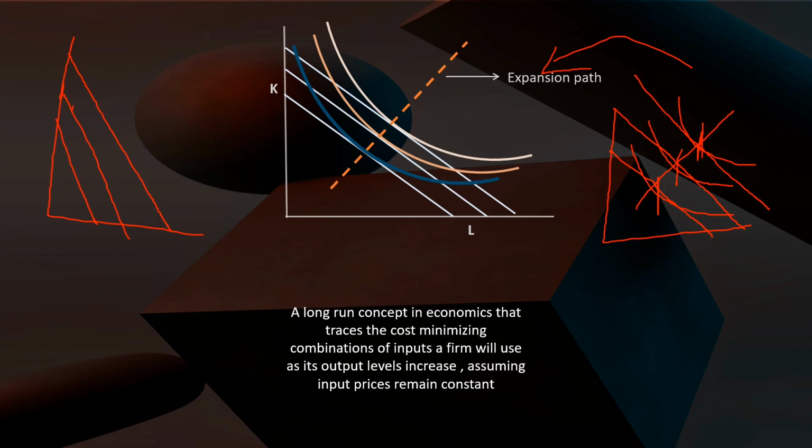For each of its cost lines, there must be an ideal level of production, and so an equilibrium point, let's say these. The line that passes through all of these equilibrium points is basically the expansion path. That is, it shows all the possible combinations of capital and labor a company will use as its output level increases as a consequence of its budget increasing, that is, its cost line getting higher up.